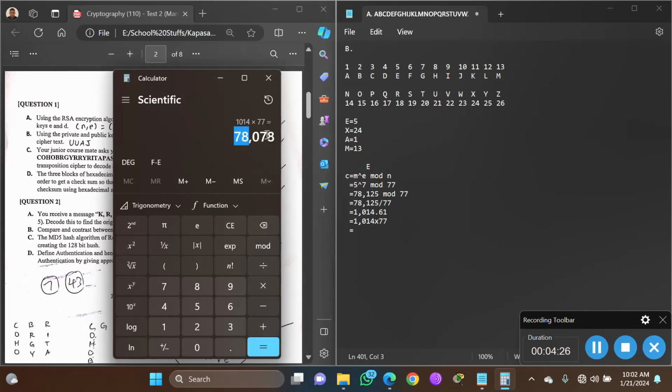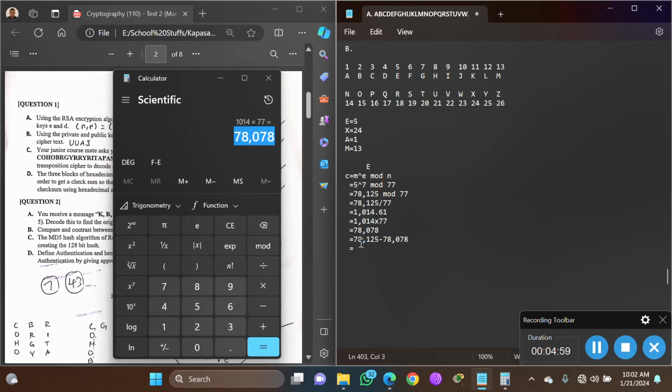Now we are getting 78,078. Since we are interested in the remainder, you take the first answer from your power, which was 5 power 7, and subtract it from this new answer, because we are dealing with mod.